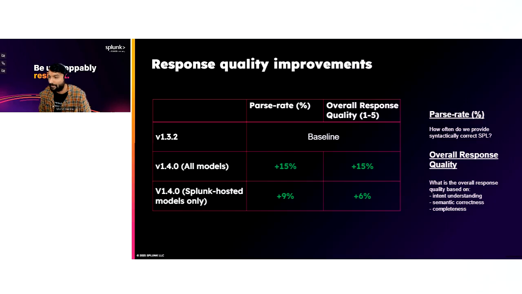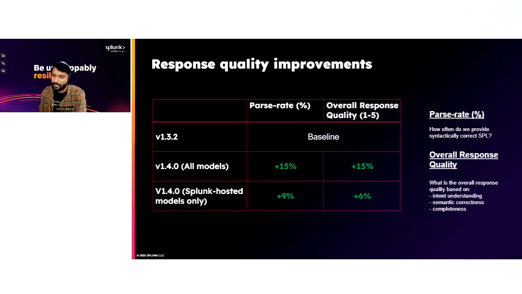So that's one metric we really track, is how many times are we providing syntactically correct SPL. By the way, this is true for other code generation tools as well. If you're using Codex or, let's say, Windsurf or any other code generation tool, none of them can guarantee 100% parse rate, but the goal is always to strive towards getting to 100%.